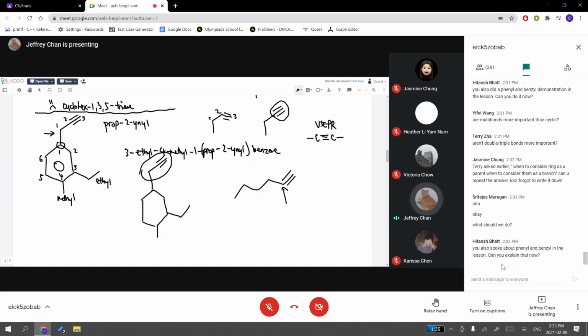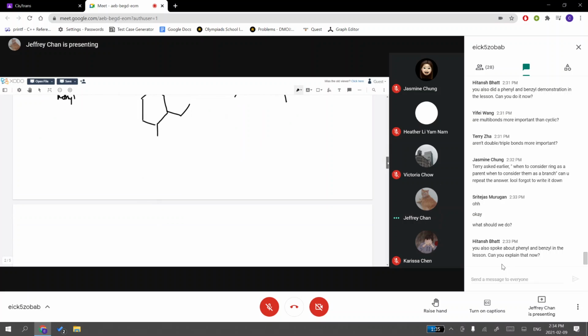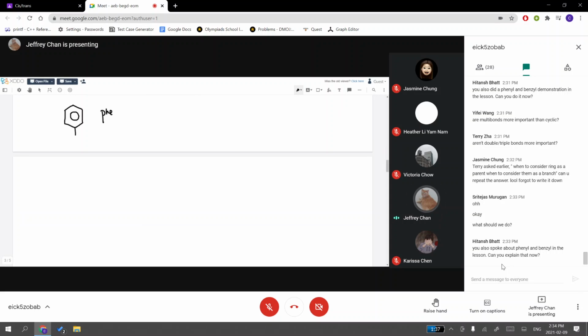Right. So phenyl and benzyl. Okay. Phenyl is when benzene is a branch. When this is considered to be a branch, this is phenyl. That's the name for it. I don't know why. I don't make up these rules.